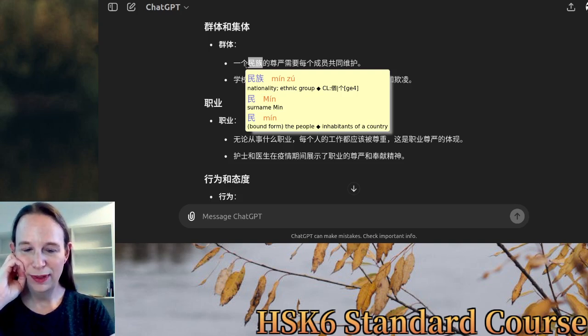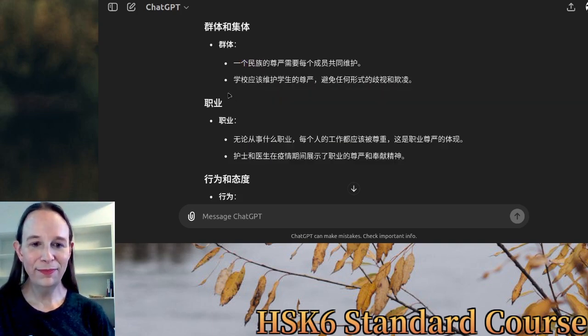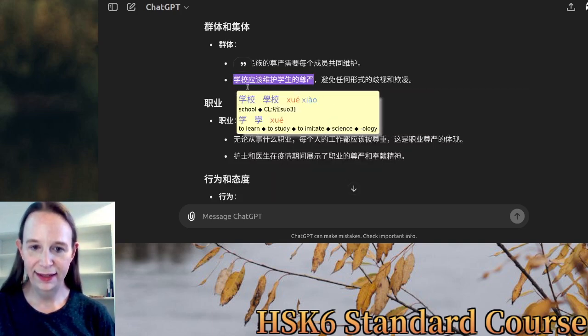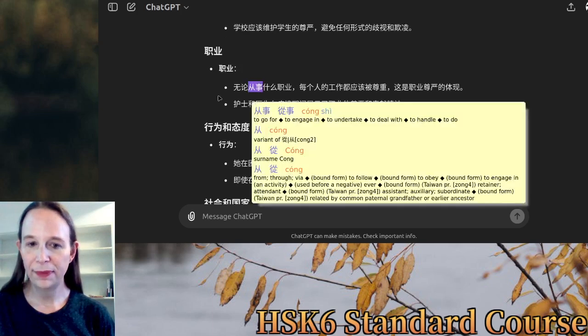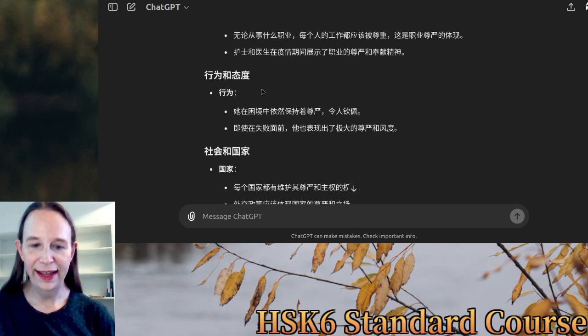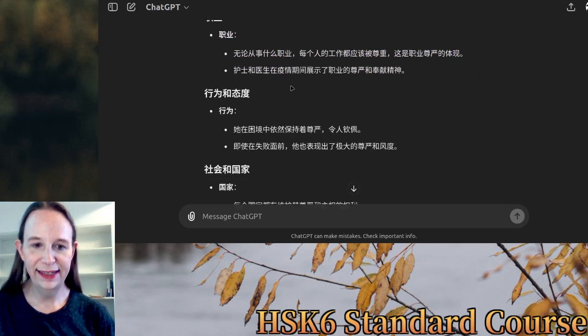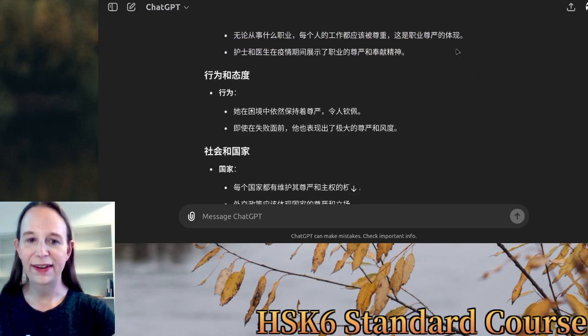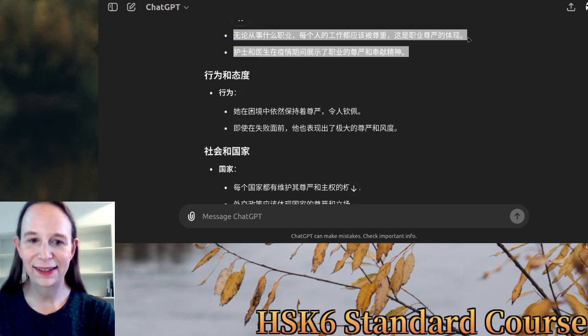So 民族 maybe is more gentle. 学校应该维护学生的尊严. So the school should preserve students' dignity. Yeah. 职业 okay. So this has dignity and fair enough. Like that's kind of generalized from people. Fair enough.